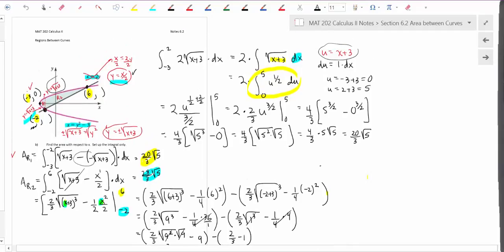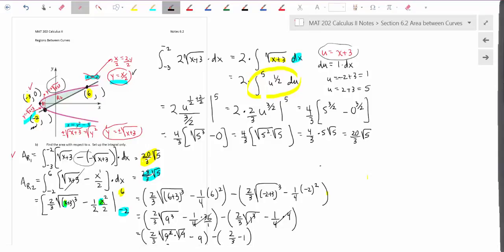So if that's a -2, that means that when we change the limit of integration, we should have -2 plus 3 equal to 1. So our u integral, we should be integrating from 1 to 5, actually. So I need to correct that. Gosh, this makes me so mad.